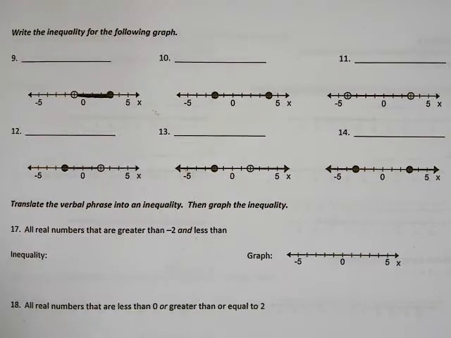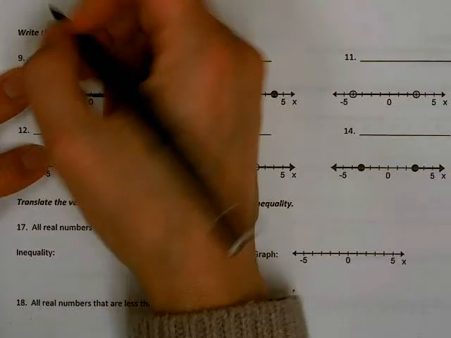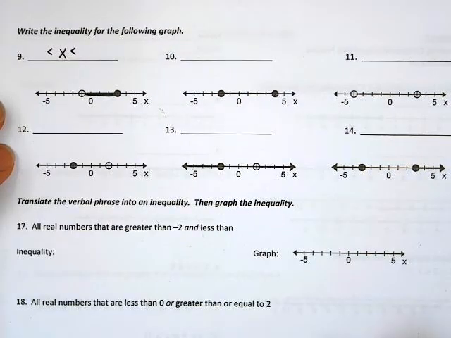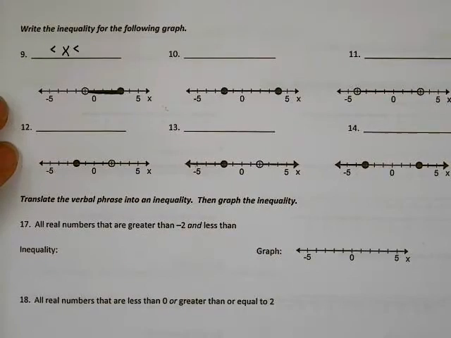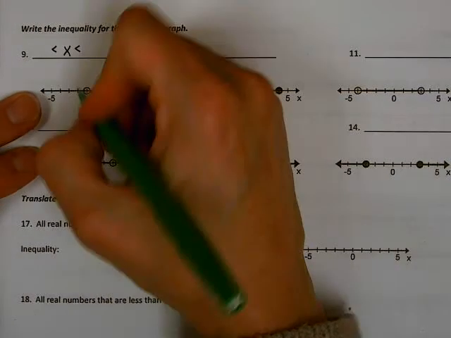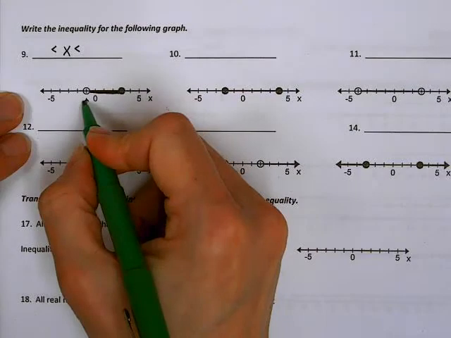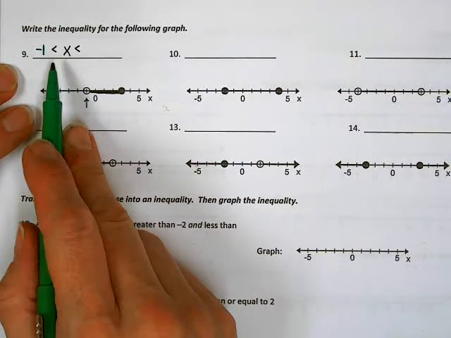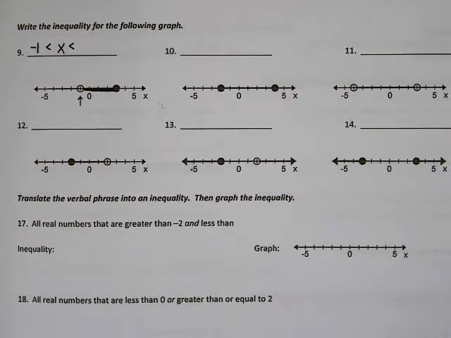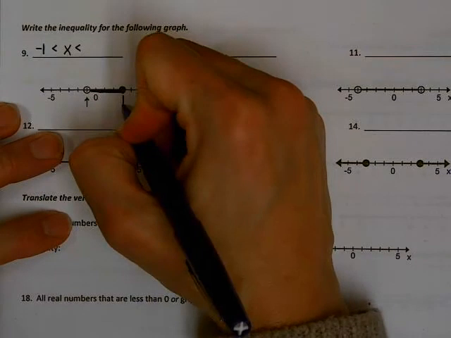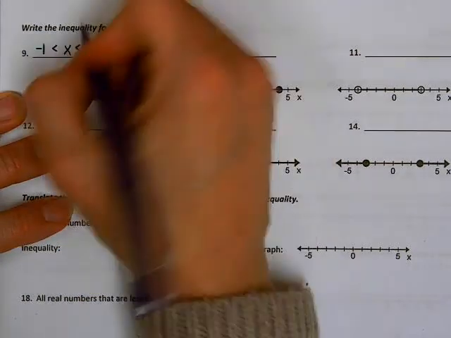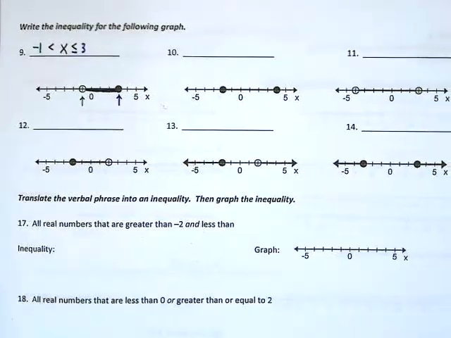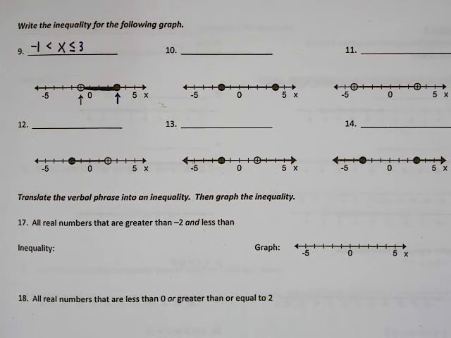I know in my and inequality, my x is going to be sandwiched in between two less than symbols. So now I just have to pick the values off of the graph. So here I can see is a -1. Since that's an open circle, I'm going to leave that less than symbol alone. On this side over here, it looks like I have 1, 2, that's going to be a 3. And since I have a closed circle, I have to put my little bar under there to show that x is less than or equal to 3.